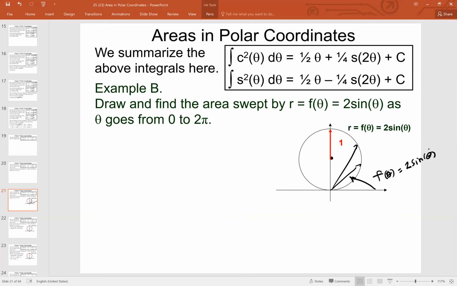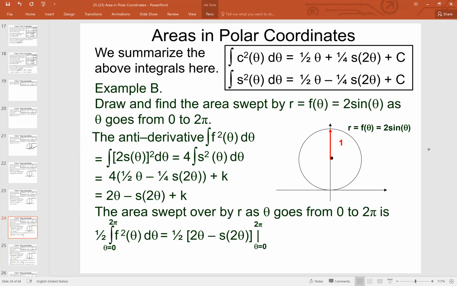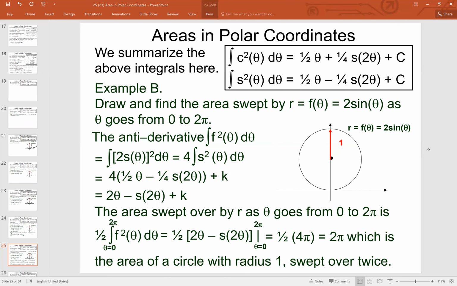So I integrate this, and it's the integral of sine squared. It's just calculations, and when theta goes from 0 to 2 pi, if you do this calculation, you wind up with 2 pi.